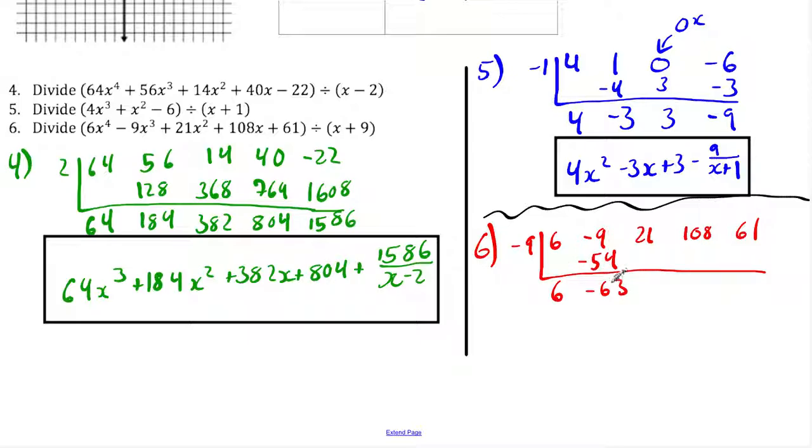If I multiply the 63 times the 9, well, that's a negative 63 times a negative 9. That's going to give me a positive 567. If I add that to 21, that will be 588. Once I multiply that by negative 9, I'm going to get, hold yourself, negative 5,292.